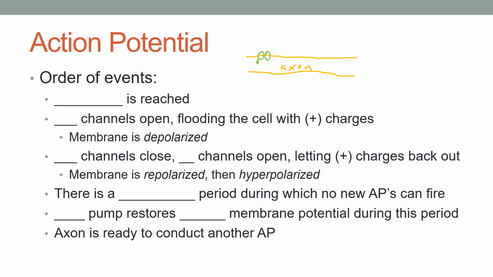It's like it has a little voltmeter here that senses what's going on inside the cell. So the first step is that threshold is reached. Okay, that threshold potential is sensed by the voltage gated channel.